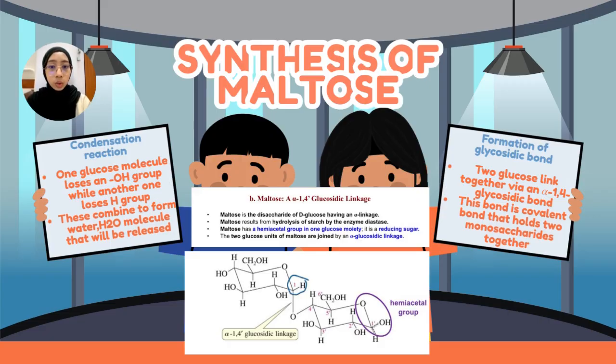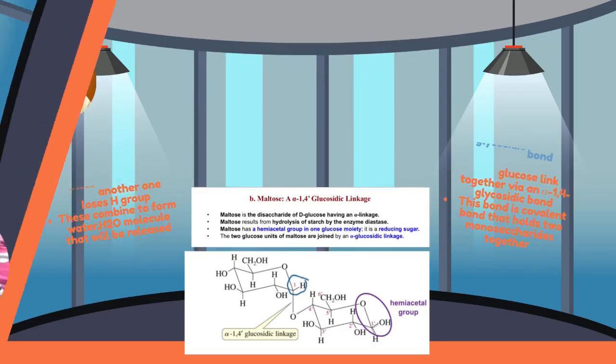Glucose is a monosaccharide, and two molecules of glucose will form a disaccharide, which is maltose, by the bond that holds them together, which is the glycosidic bond.